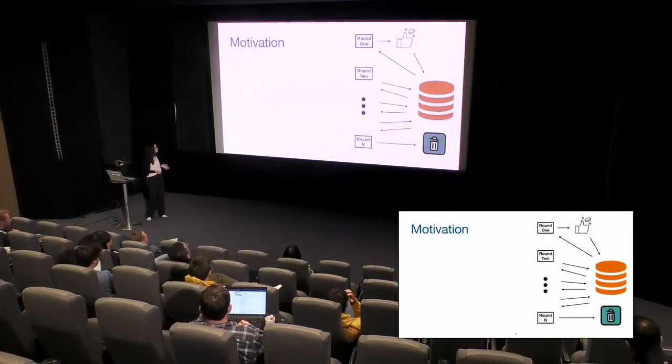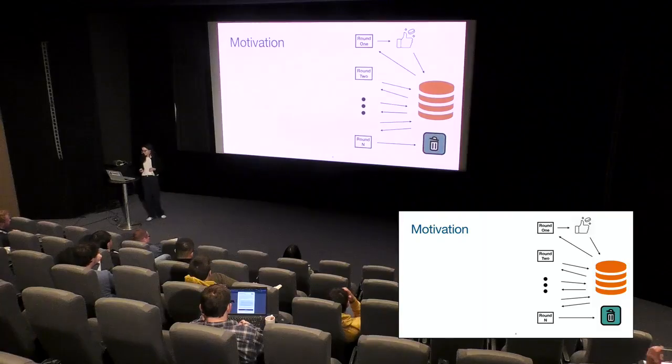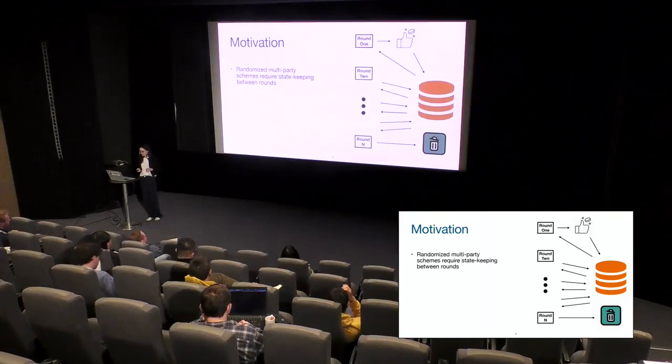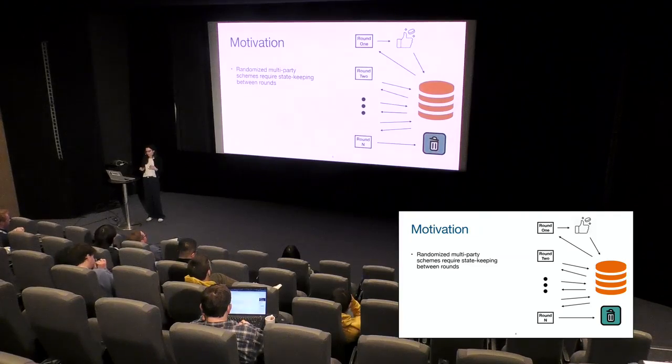So the motivation for deterministic schemes comes down to that fact: randomized multi-party schemes require state keeping. Practically this comes down to maintaining a database with a lock, and making sure, especially because you can't reuse nonces, that the nonces that are used are then deleted. That can be problematic when you have nodes that can go online and offline.